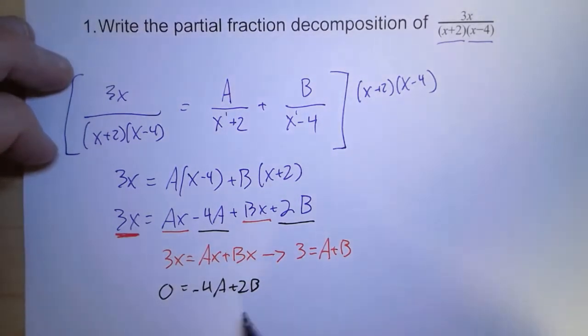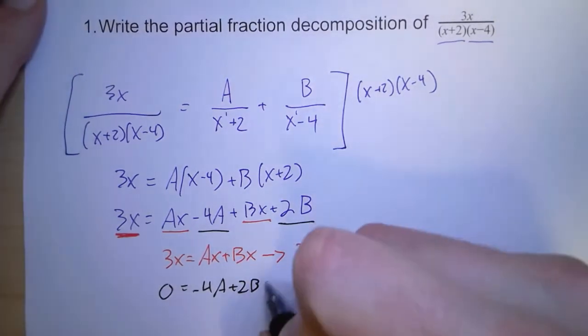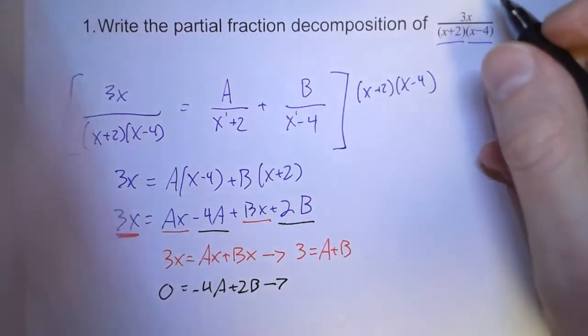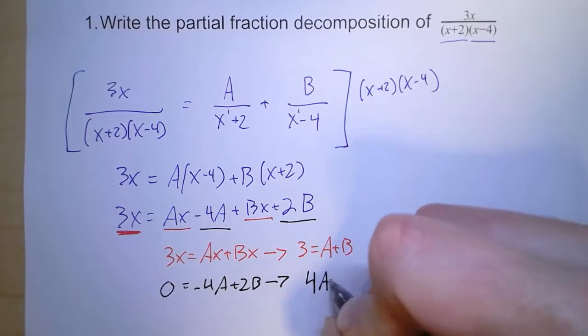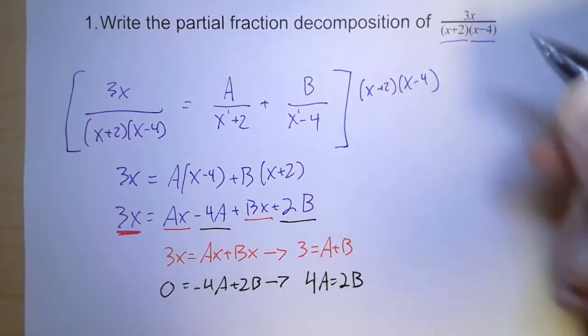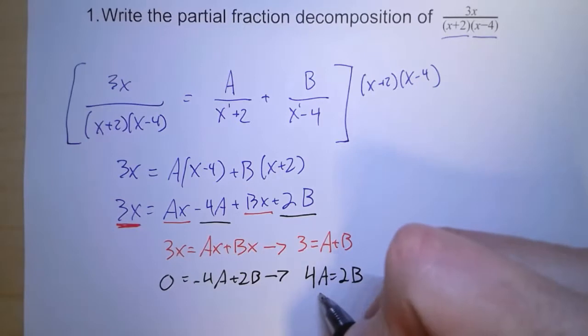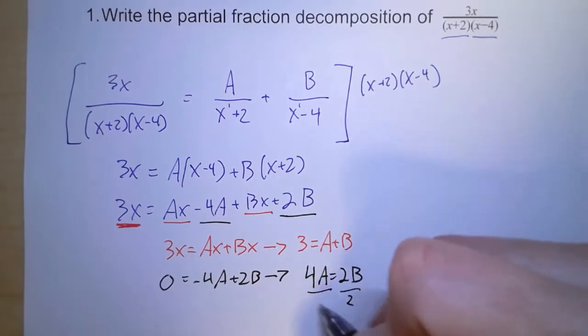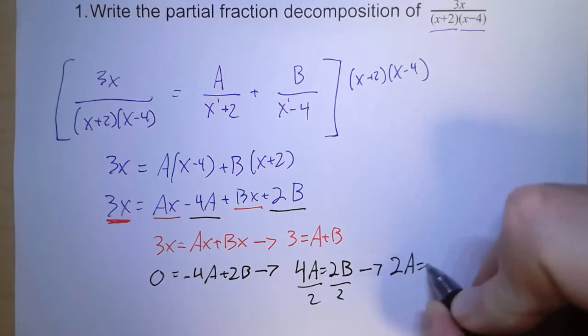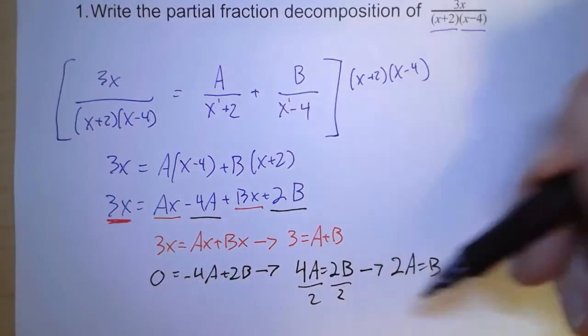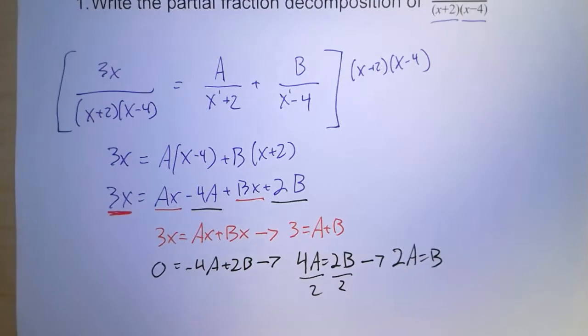Now for this one, we're going to solve this system by hand. So I'm going to move the 4a over. So 4a equals 2b, and then we'll divide this equation by 2. So that gives us 2a equals b. So now this allows us to make a substitution.